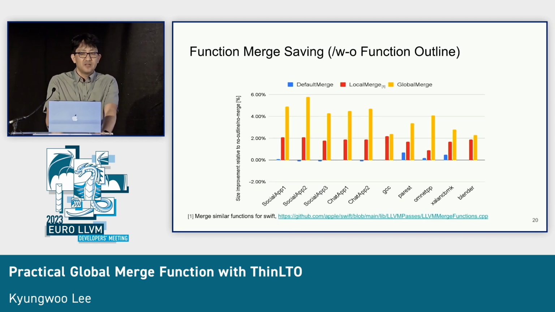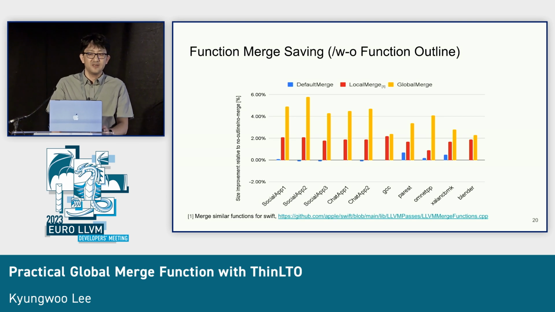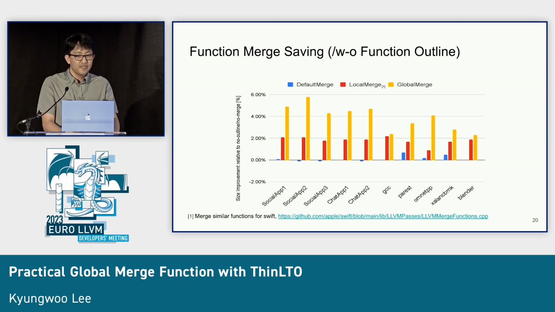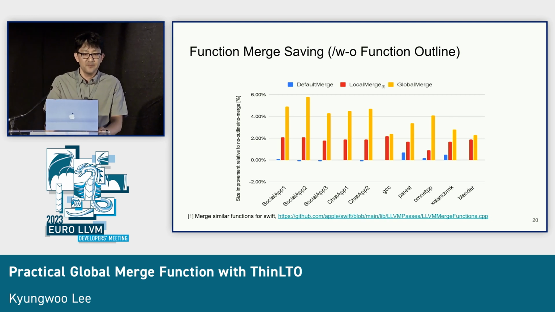This graph shows a comparison of code size improvement by varying the function mergers. Here I disable the function outliner completely. The default function merger is the one built into LLVM. As expected, it's not that effective because ICF already does the same job.